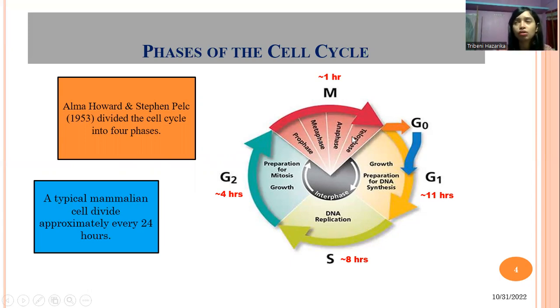Although the interphase is also called the resting phase, this is the time when the cell is preparing for division by undergoing cell growth and DNA replication in an orderly manner.